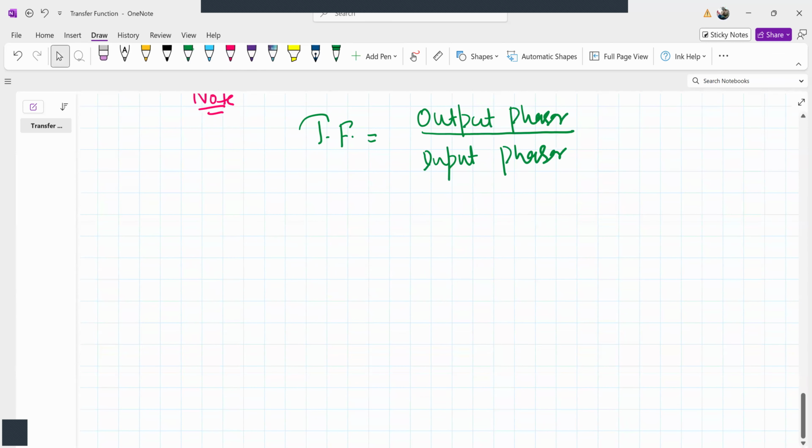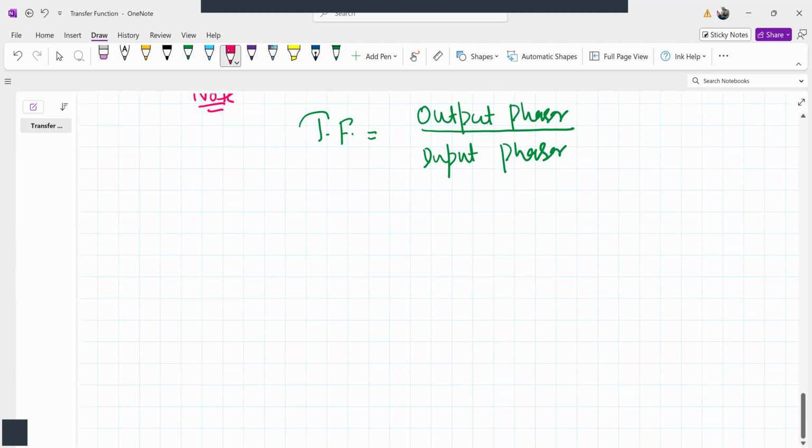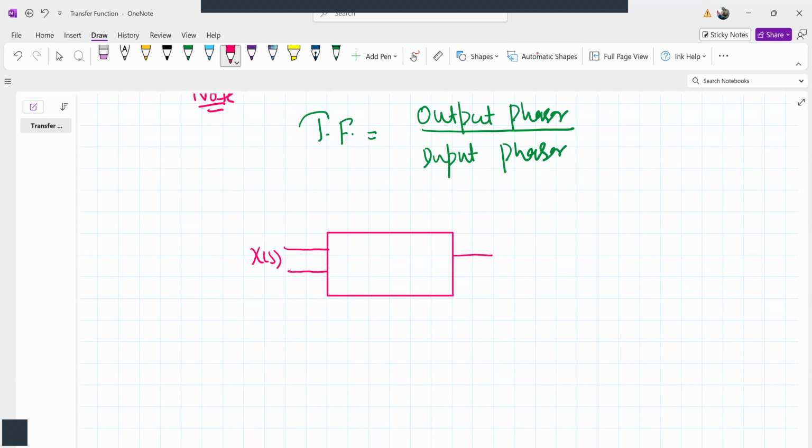So if I draw a system, or a network, and X(s) is the input in frequency domain, Y(s) is the output, and H(s) is the transfer function of this network.